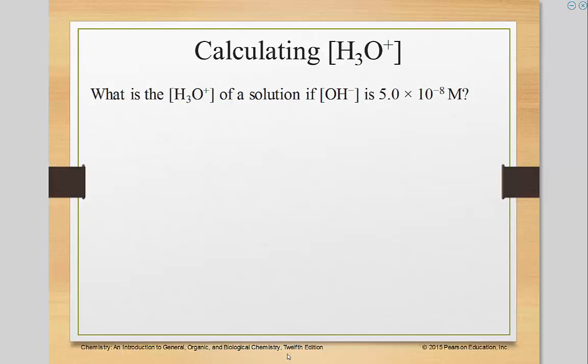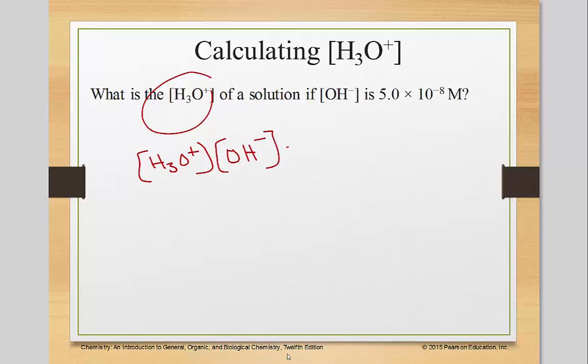So let's do a couple calculations with this. What is the H3O plus? We're looking for this. So if we look at the equation, H3O plus times OH minus is equal to 1 times 10 to the negative 14. If we know the OH minus is 5.0 times 10 to the negative 8, we can figure out the H3O plus.